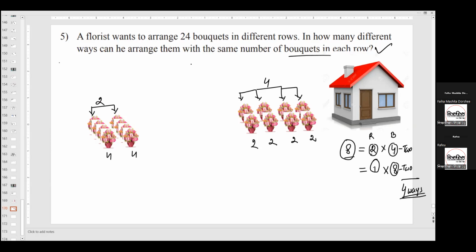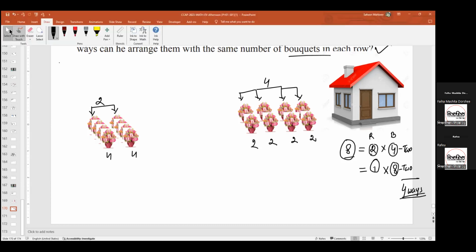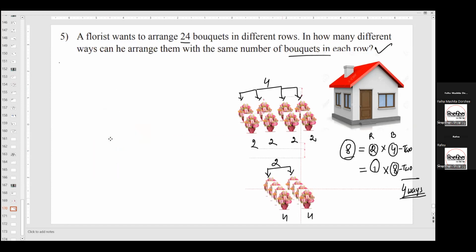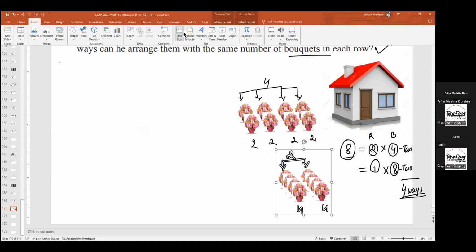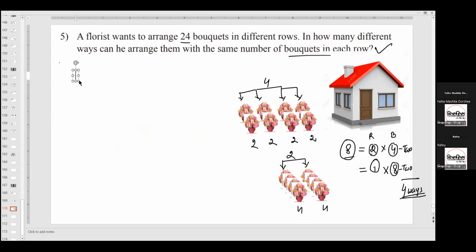So since the number of bouquets is 24, we need to find out the factors 24 has, right? So actually তাহলে আমরা বলতে পারি, আমরা কি আইডিয়াটা বুঝতে পারছি? হ্যালো? জি স্যার। Okay.